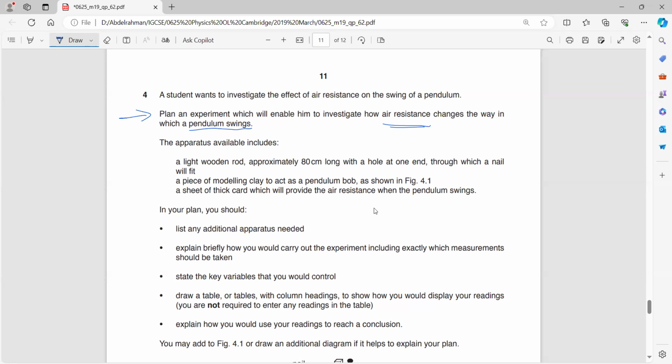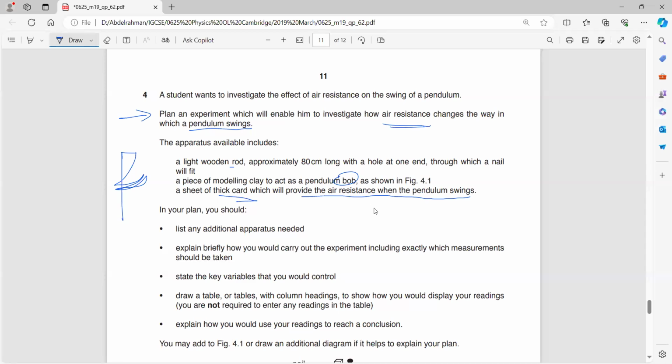The apparatus available is a light wooden rod, approximately 80 centimeters long, with a hole at one end through which a nail will fit. This is the rod with the nail, and the pendulum will swing from it. There is a piece of modelling clay that will act as the pendulum bob, and a sheet of thick card which will provide the air resistance when the pendulum swings.